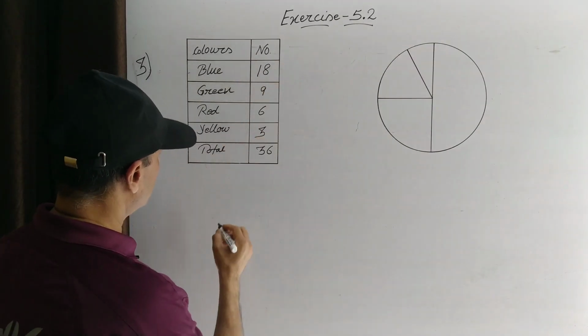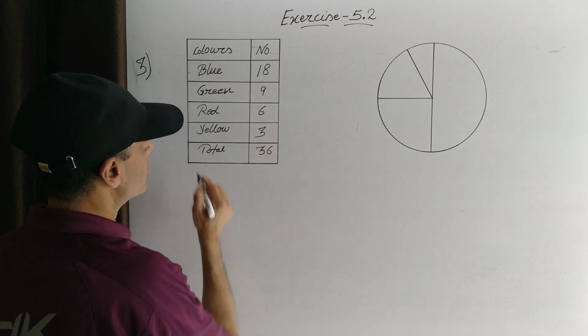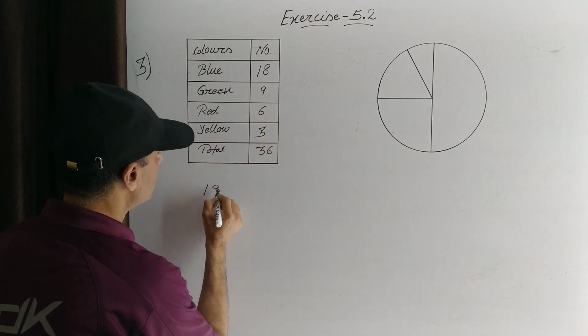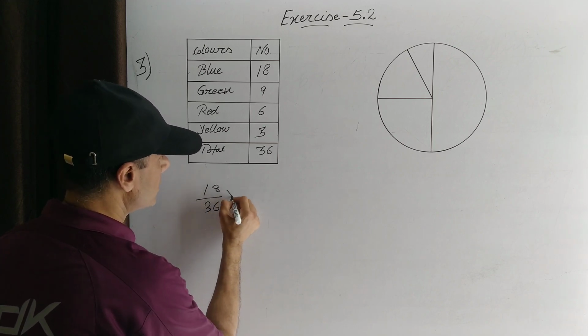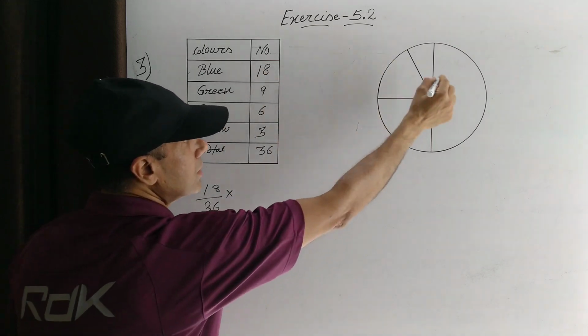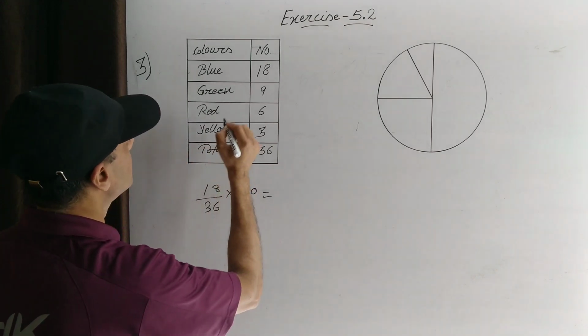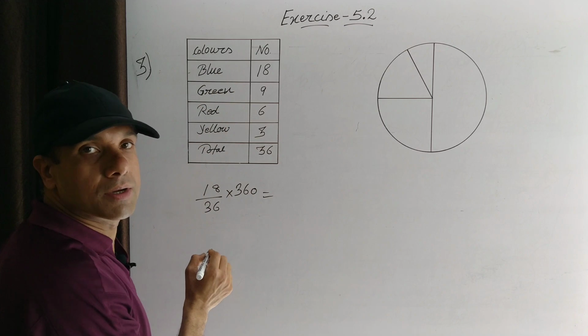Okay, so let's find the central angle of the sectors. We take blue. 18 people preferred the color blue out of a total of 36. So 18 by 36 into the total angle, that is 360 degrees, will give us the central angle of the sector for color blue.